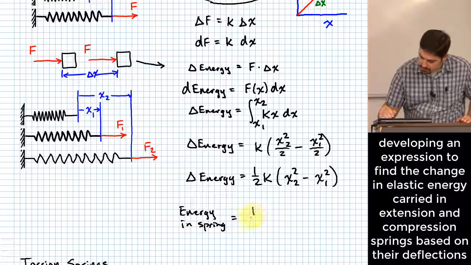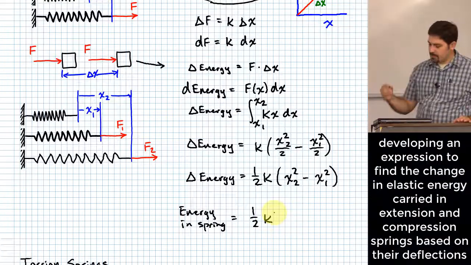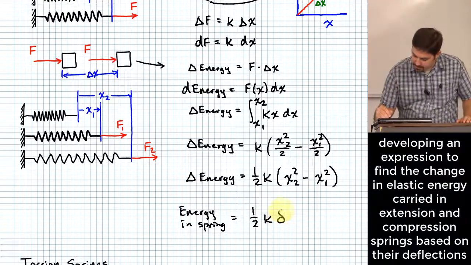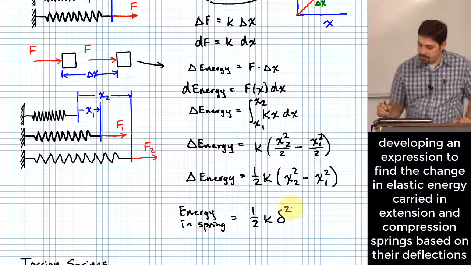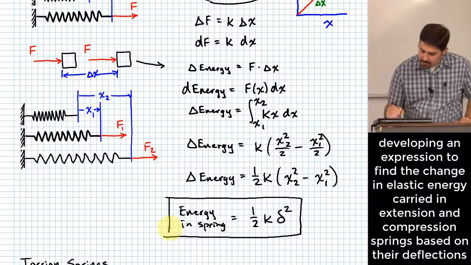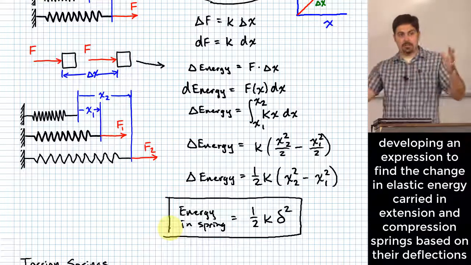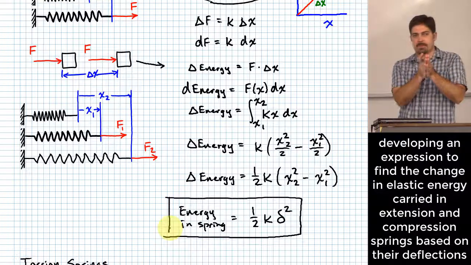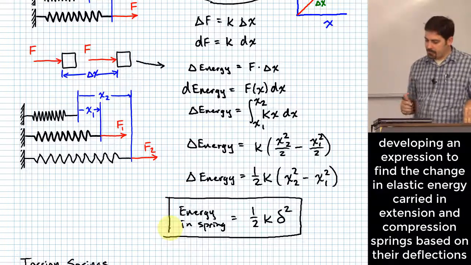is equal to 1/2 k. And what I'll actually say here is that there's a letter that's often used here, lowercase delta, like this: 1/2 k delta squared, right? That's if you have an absolute deflection of the spring, an absolute change from 0 deflection, where you have 0 force, to some other deflection value.